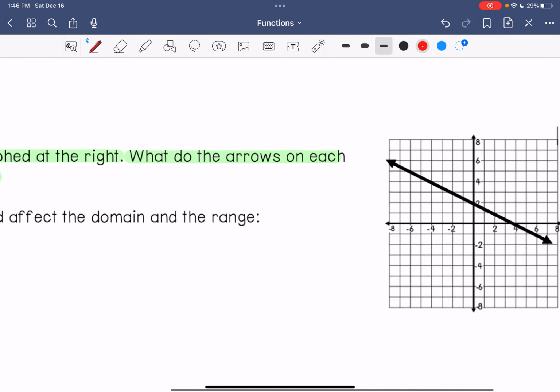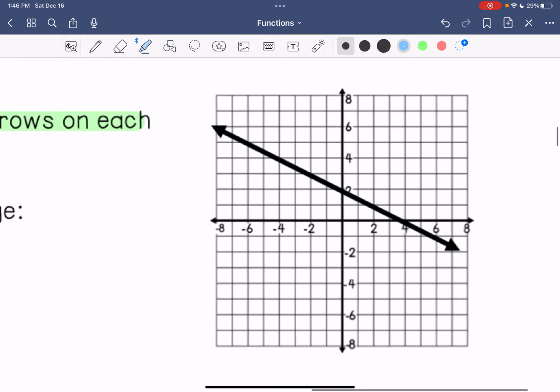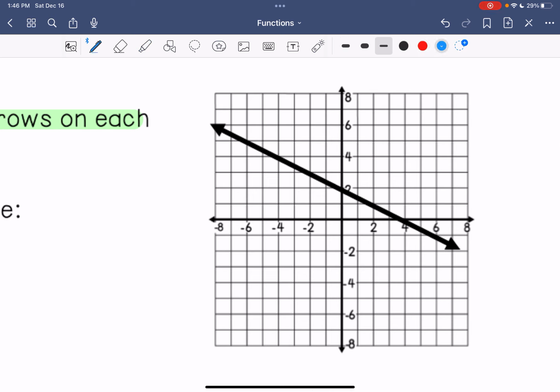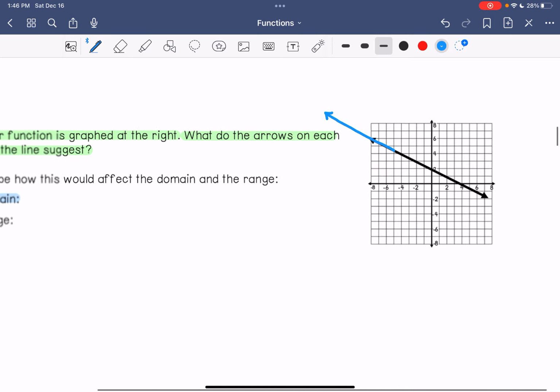So if we tried to find the domain of this function, how big our function is from left to right. At first, it looks like on the left, our function stops right here at -8. But that's not true, because this arrow means that our graph would go on to the left forever and ever. Forever and ever to the left, our math word for forever and ever, infinity.